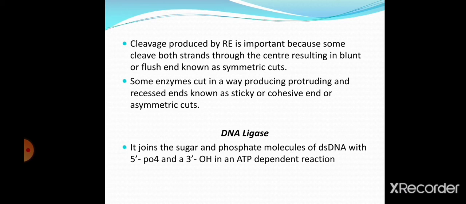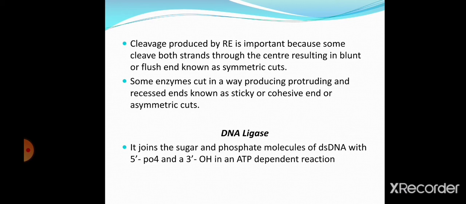Asymmetric cuts are otherwise known as sticky or cohesive ends. What are symmetric cuts? Some enzymes cleave both strands of DNA through the center, so it is called a symmetric cut. Whereas in asymmetric cuts, the enzymes cut in a way producing protruding and recessed ends.